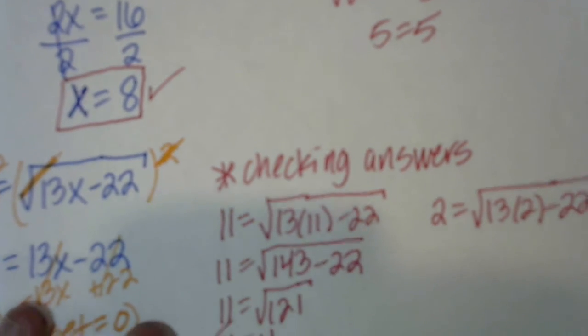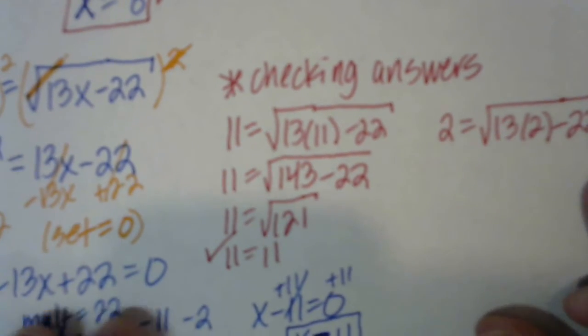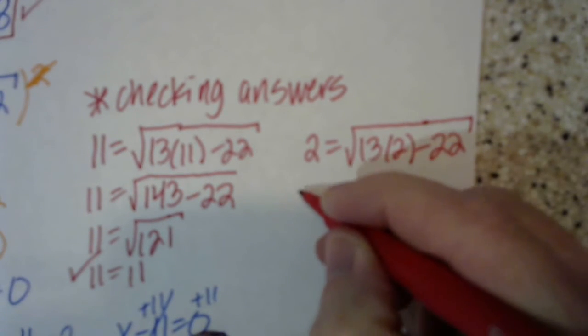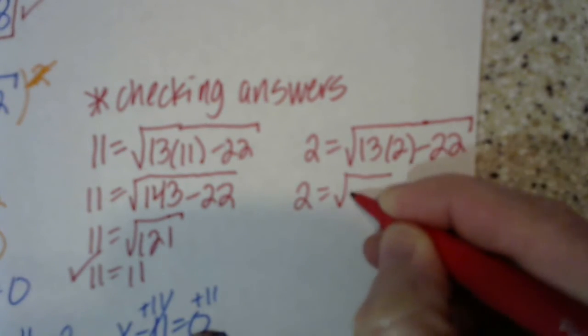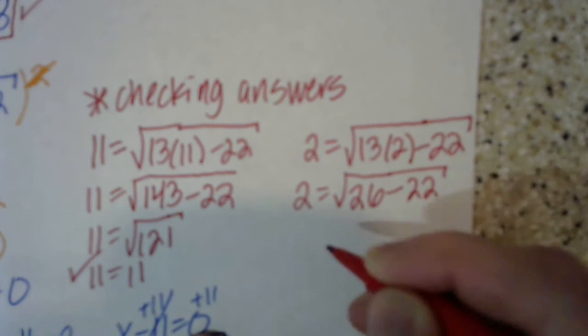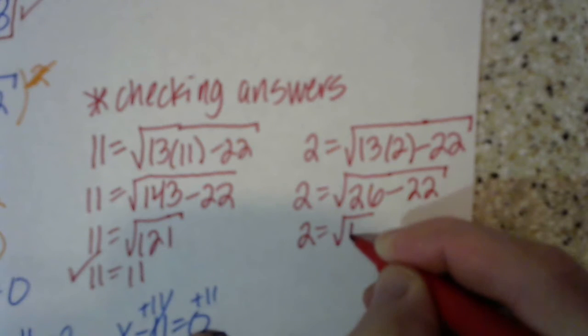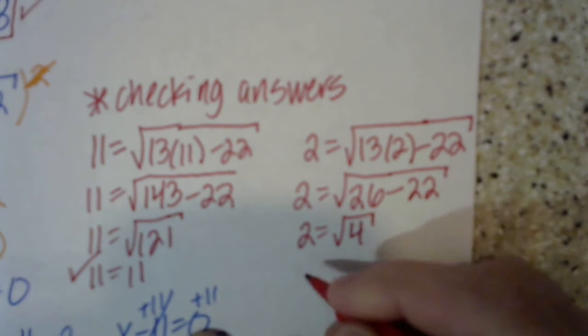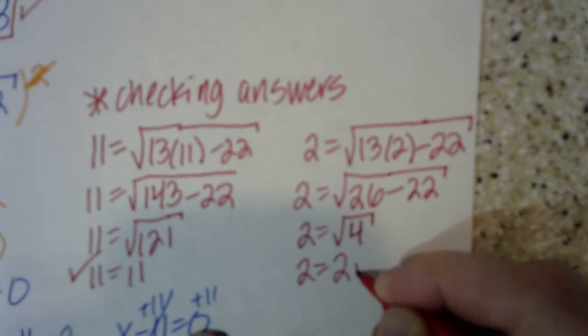So that one checks. Over here I'm checking my 2 answer. Well, I know that 13 times 2 is 26 minus 22. And that's this 26 minus 22 is 4. And I know that the square root of 4 is 2.